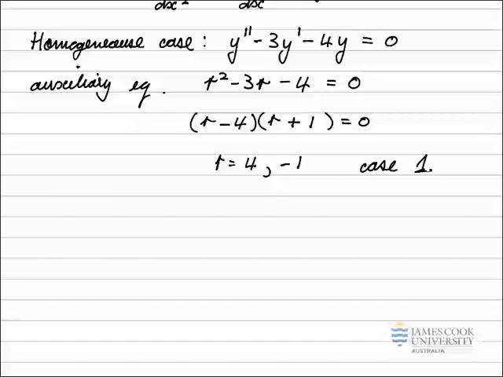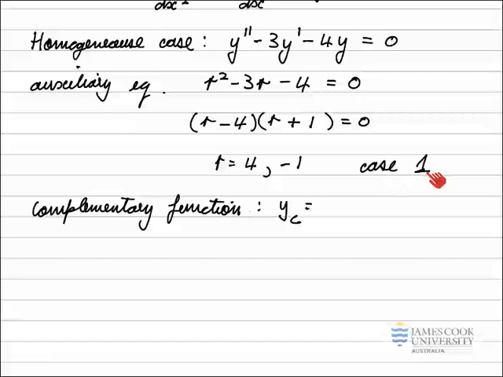So from that I write down the general solution for the homogeneous case, which we call the complementary function, which we denote by yC. It's the solution to the homogeneous case of the differential equation.